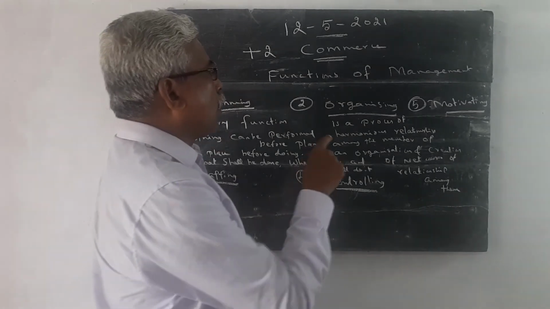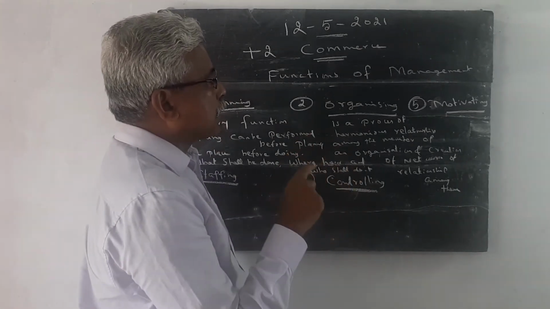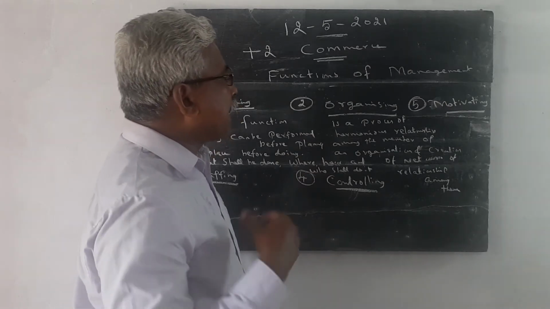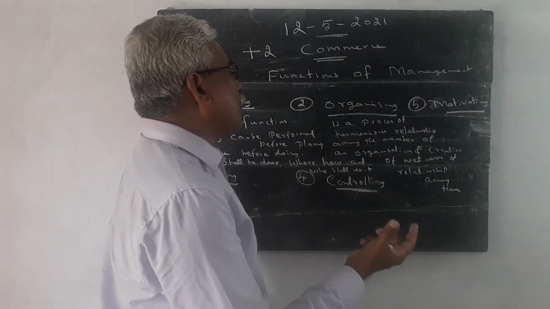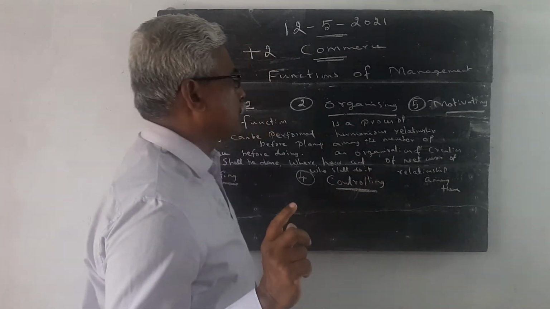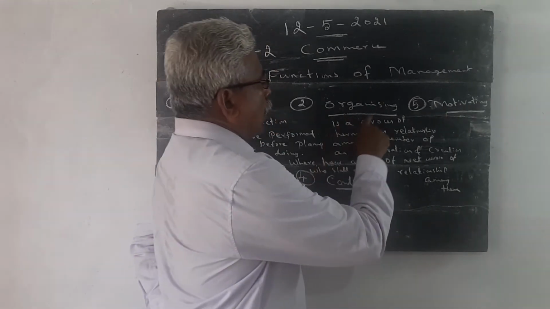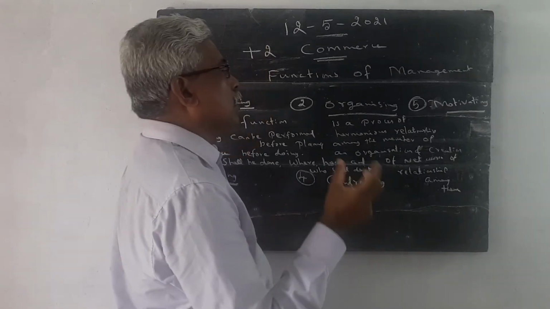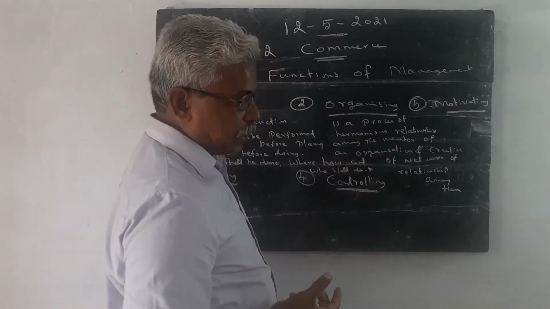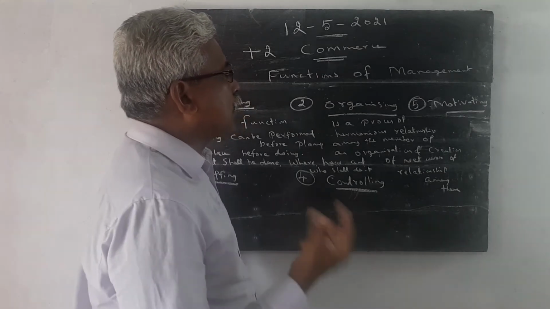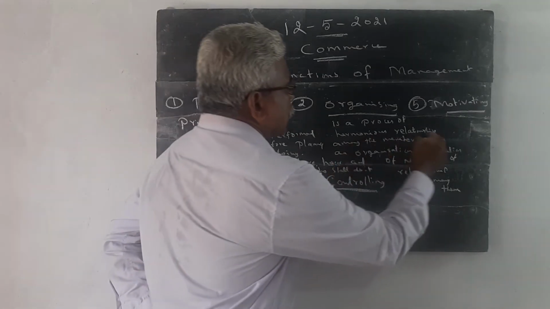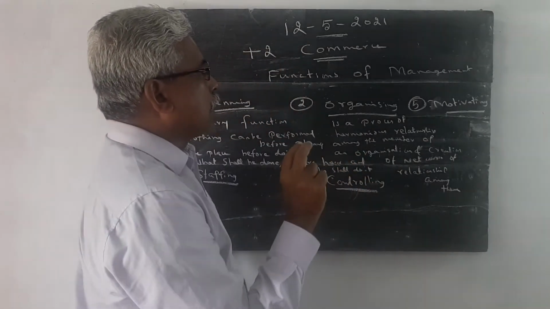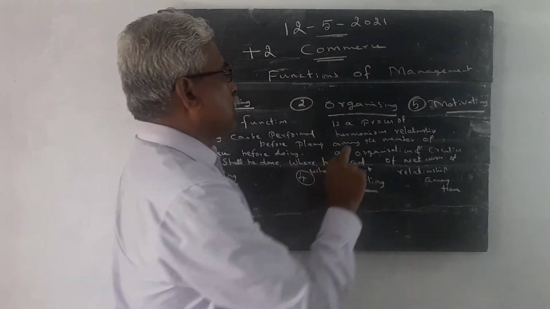Organizing is a process of harmonious relationship among the members of an organization and creation of network of relationship among the members of the organization. Harmonious relationship, creation of network: you have to understand these two terms.